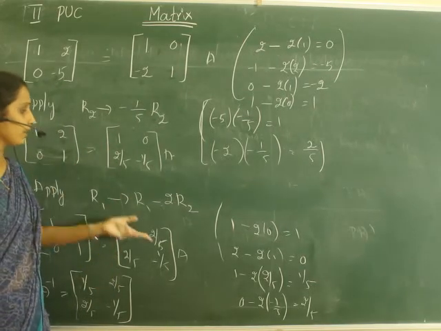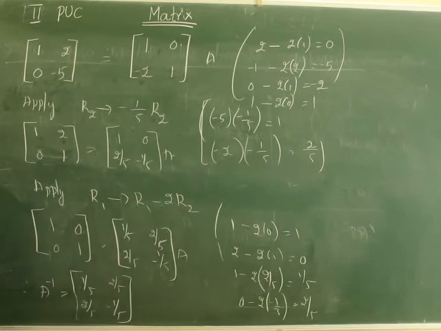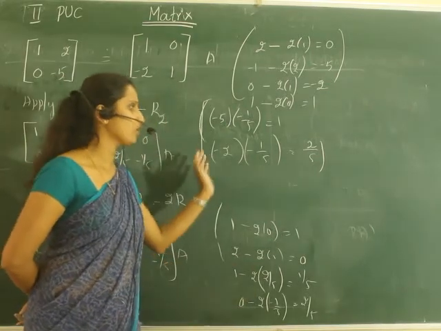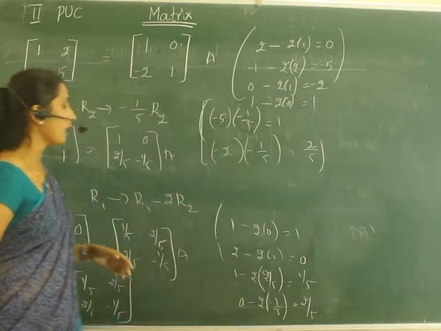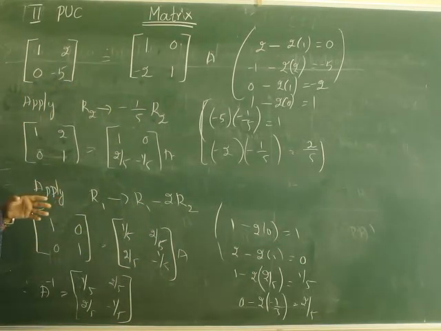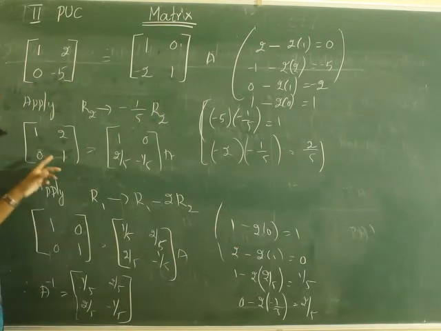In the next class I will discuss some more problems of the same kind. This need not always be written; it is just to calculate yourself. You can calculate on the side how we are getting it, and you'll come to know which operations you have to do. But you should follow the pattern.